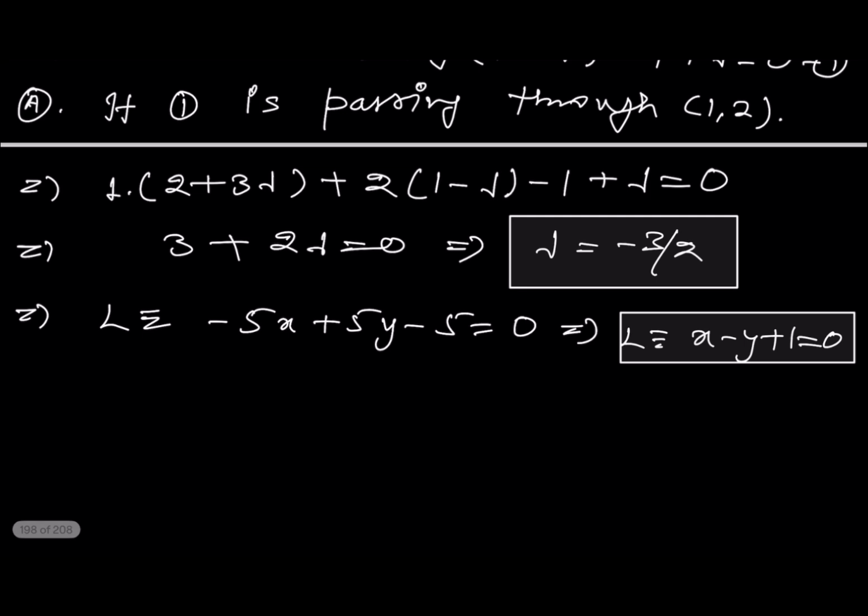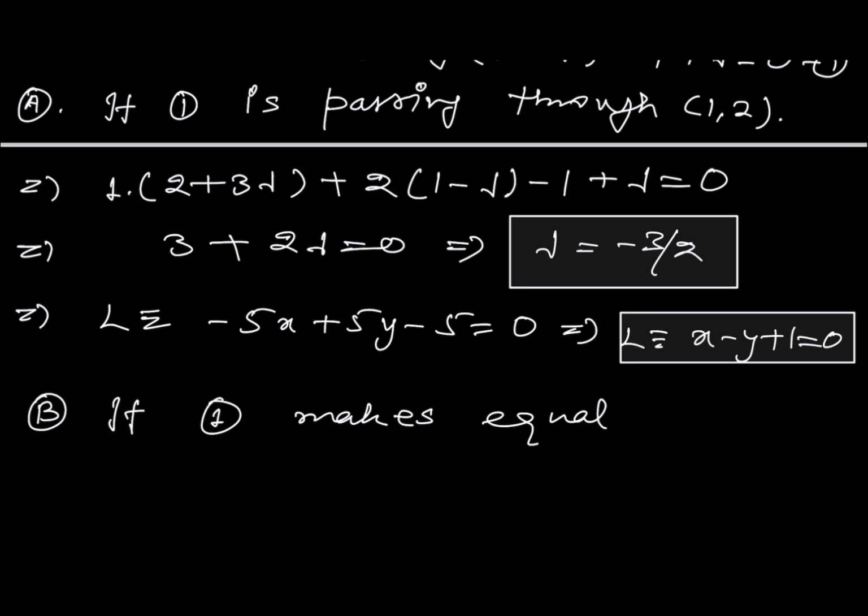Now for B, if 1 makes equal intercept on coordinate axis, then you know very well, if a line is making equal intercept, then m is equal to minus 1.